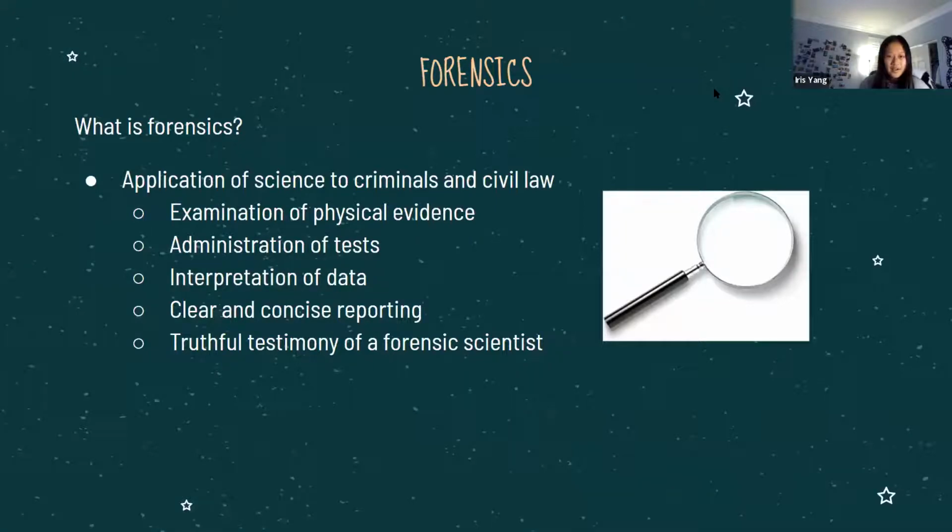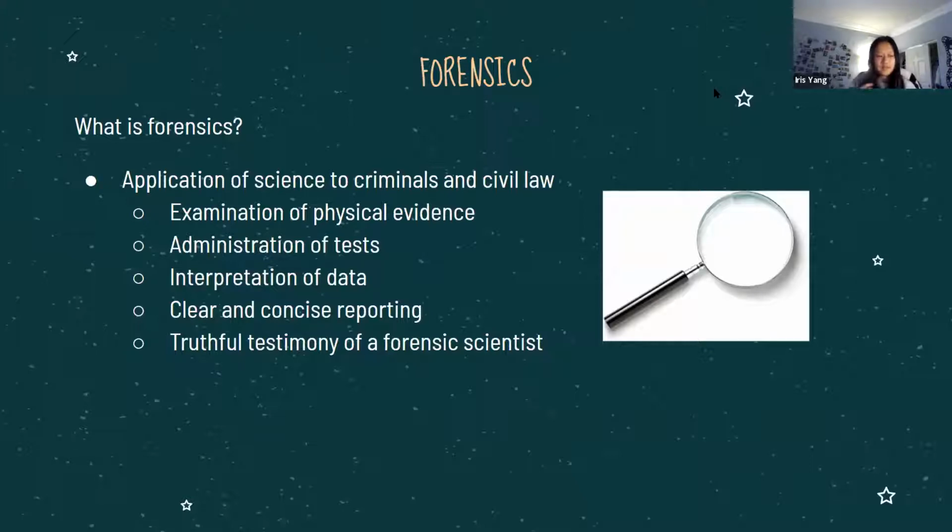So here are more steps to how the process of forensics works. First, we have the examination of physical evidence. That's what we're going to be talking about mostly today. Physical evidence can include any range of things.